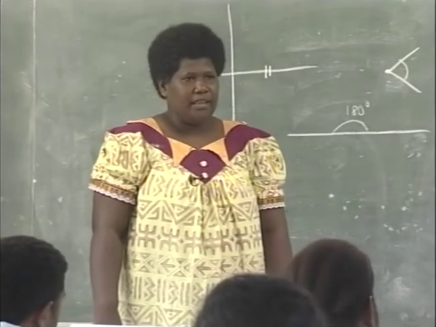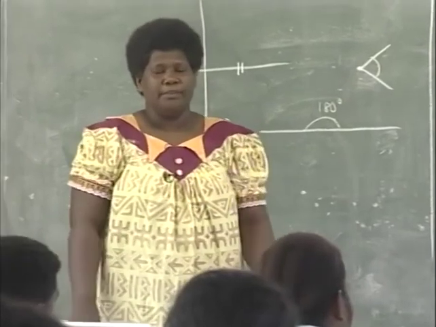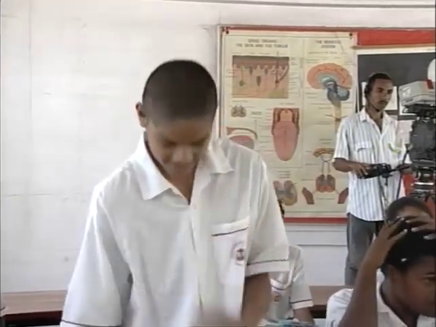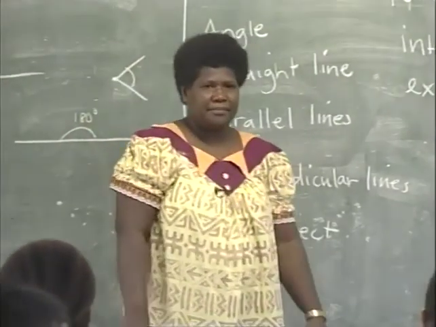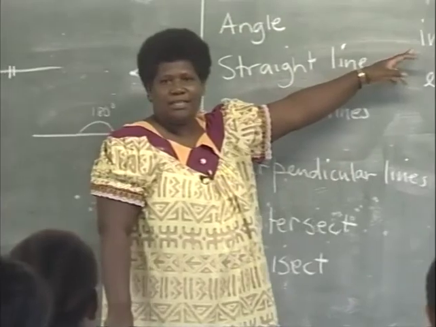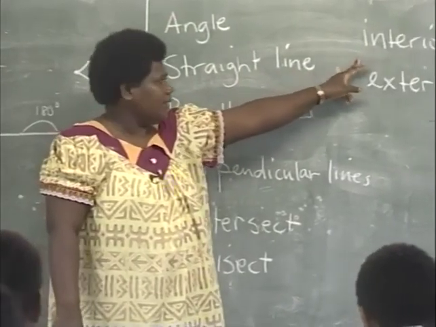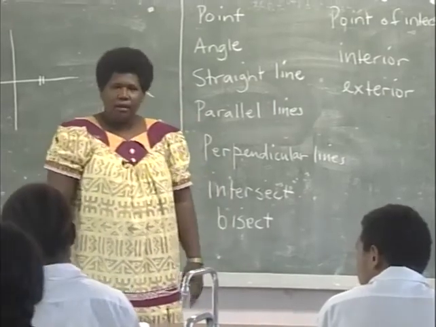Let's say if I told you there are two interior angles, what am I talking about? Angles inside a shape. Okay, angles that are inside a shape. Exterior. Peter. The angles outside a shape. Okay, so interior means those that are inside the shape. Exterior means those that are outside. Well done.